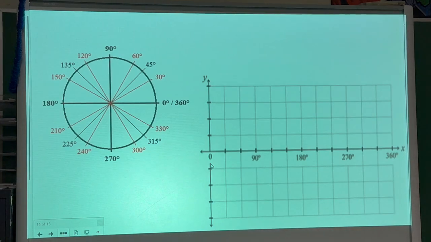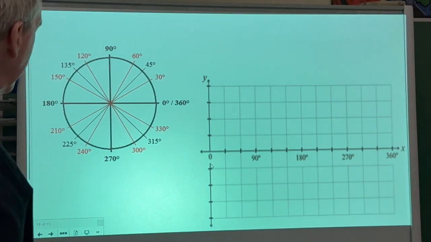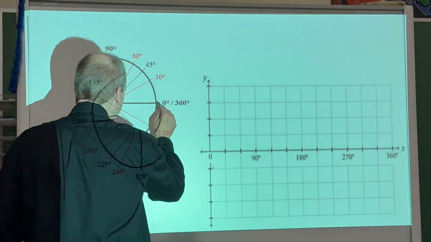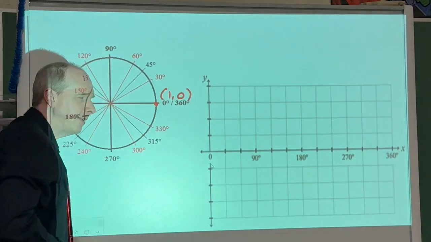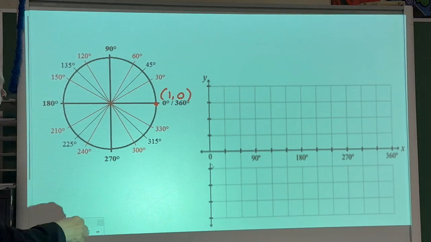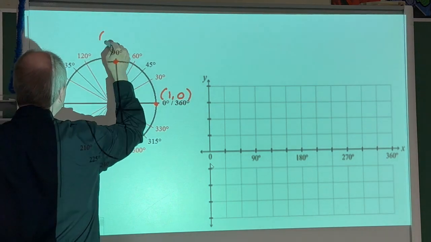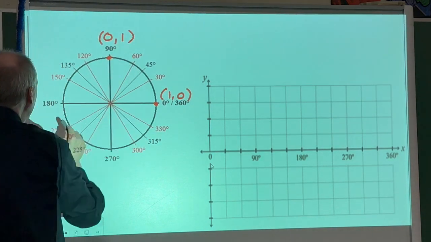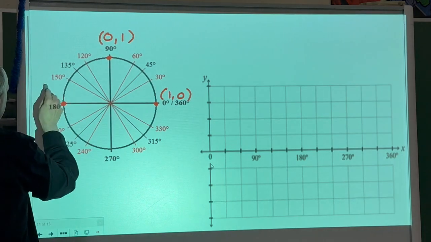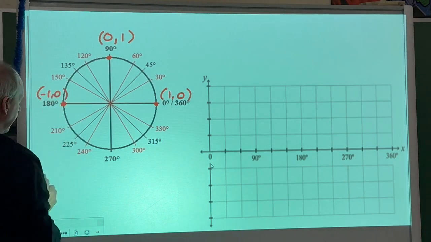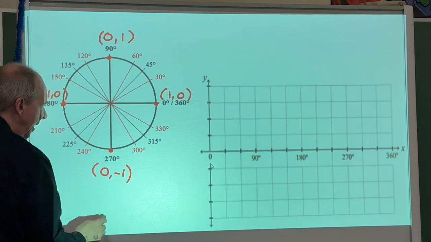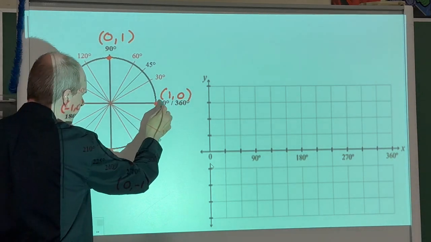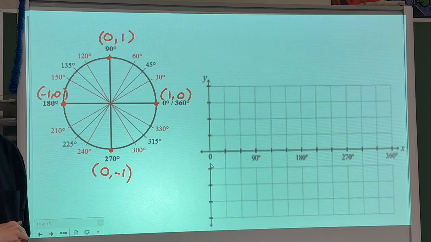We need certain values of our unit circle. We need 0 and 360. Well, that's 1, 0, 0 being the sine value. We need our 90, 1. We need our 180, 0. We need our 270, negative 1. We need our 360, back to here.